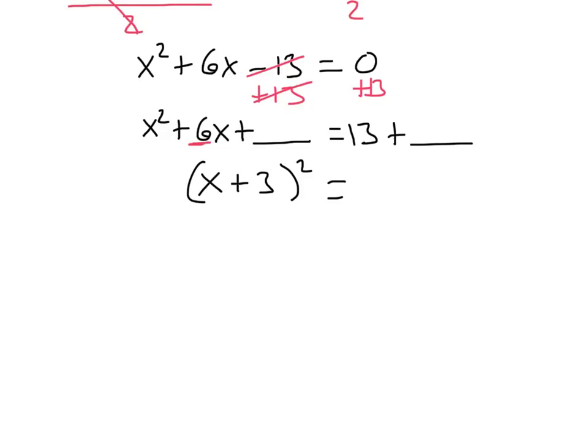Now what am I adding to both sides then? 9, because I take that value that I just found, half of b, and I square it. 3 squared is 9. So I'm adding 9 to both sides. So 13 plus 9 is 22. And now we can take the square root of both sides.